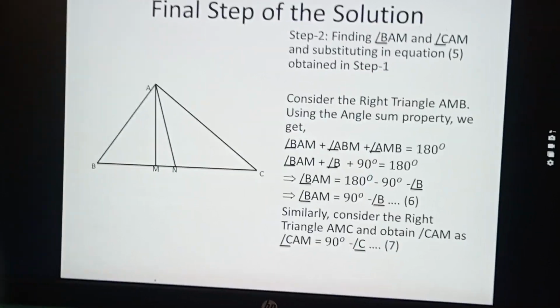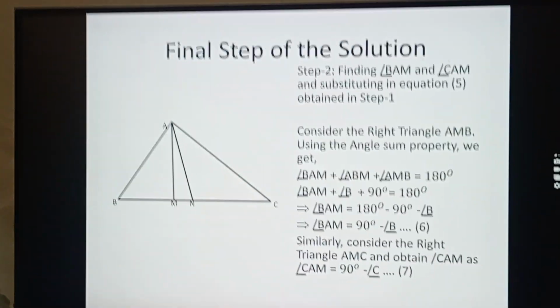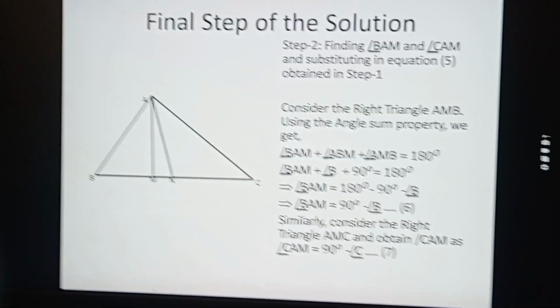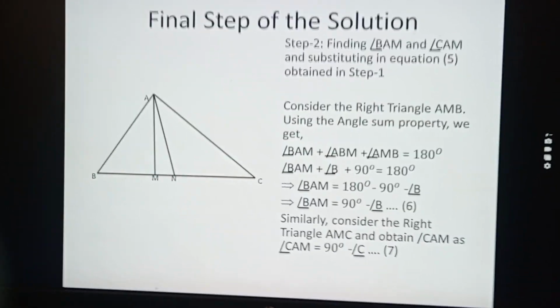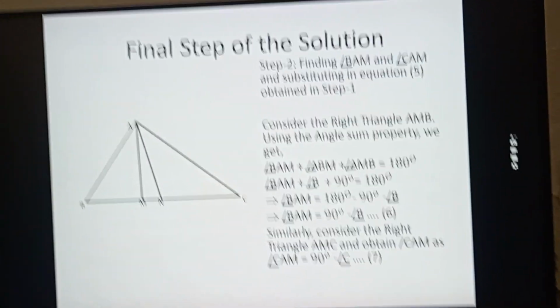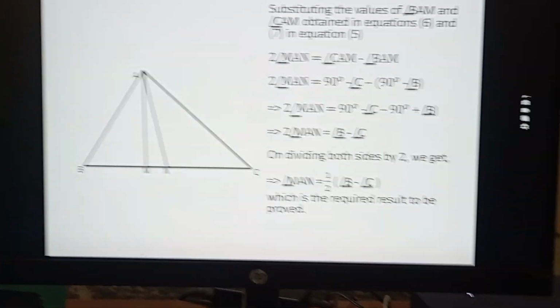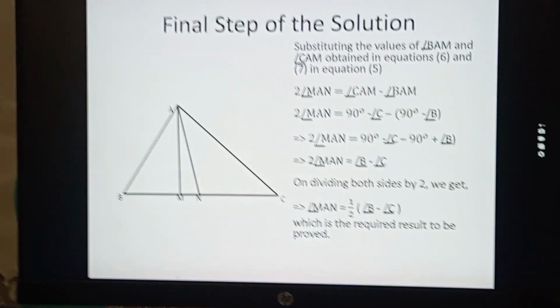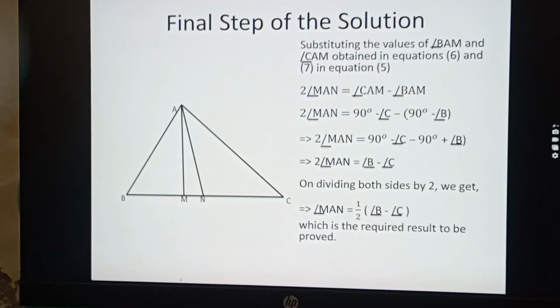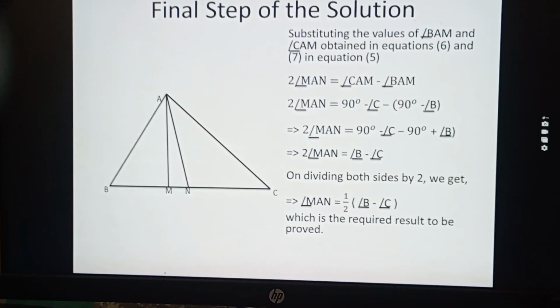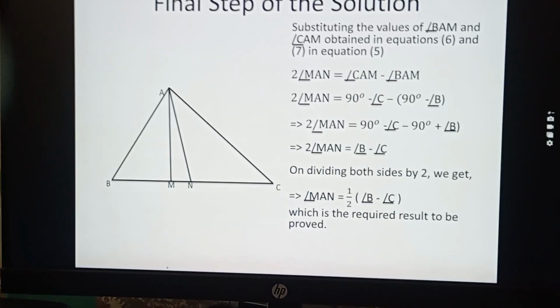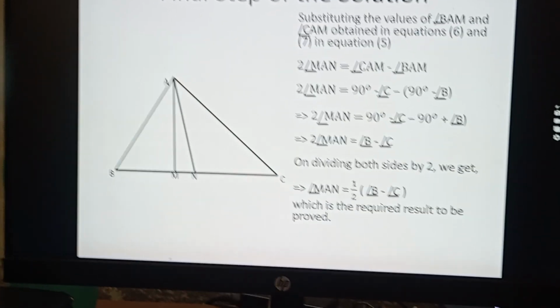That is equation number 7. Now we substitute these values of angle BAM and angle CAM. Where do we do that? We do that in equation 5 obtained in step 1.